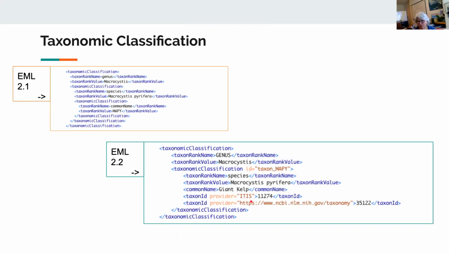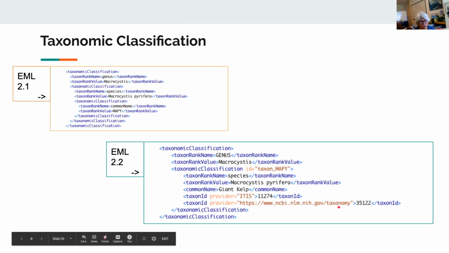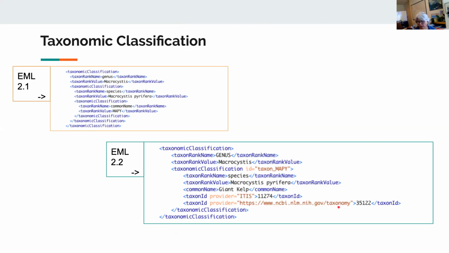Now, the tricky part about turning these labels into URLs is that you would have a label that said, I don't know, Macrocystis pyrifera at NBII, and it would point to a web display of 35122 at NBII.